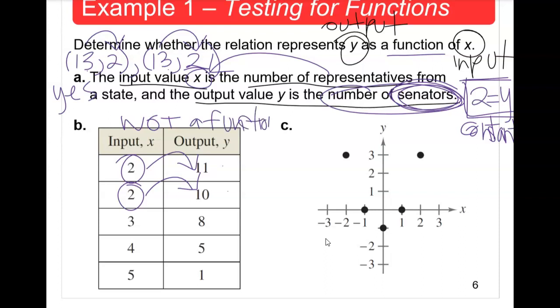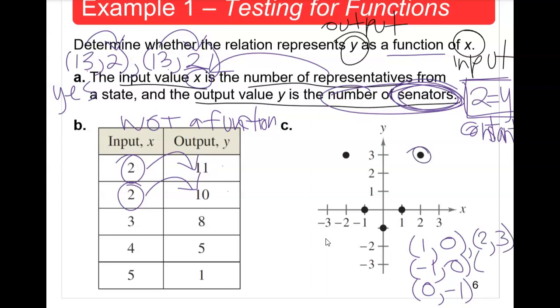Now for the next example, part C, we have that 1 is related to 0. We have that -1 is related to 0. 0 for x is related to -1 for y. And then we have 2 more pairs. 2 is related to 3 right here, and -2 is related to 3.